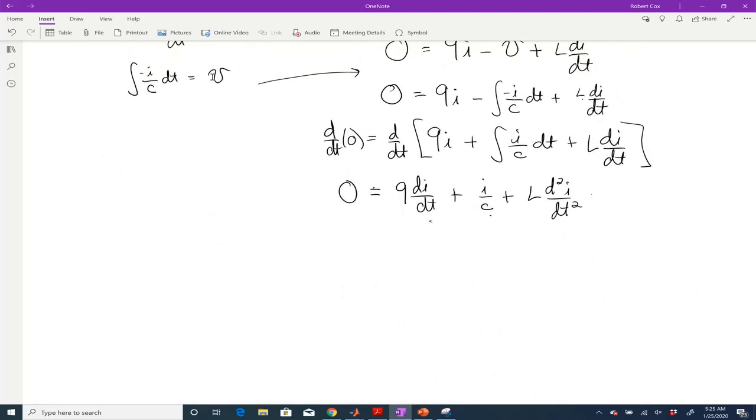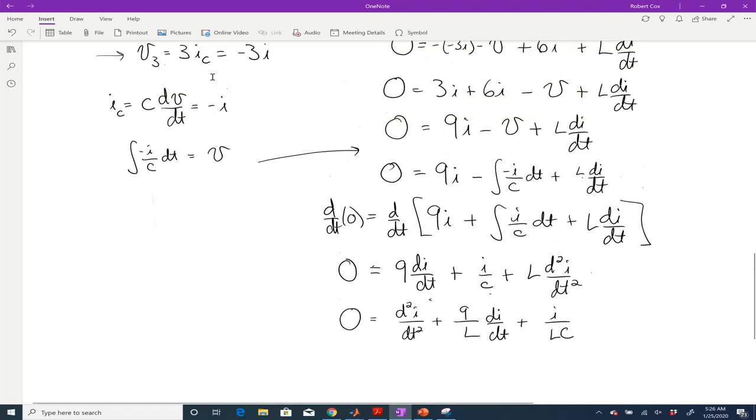All right, so I rewrite this as 0 equals, dividing everything through by L. So I get d squared I dt squared plus 9 over L di by dt plus I over LC.